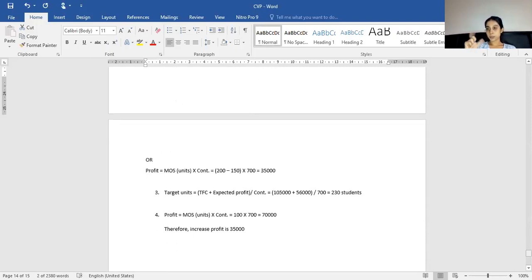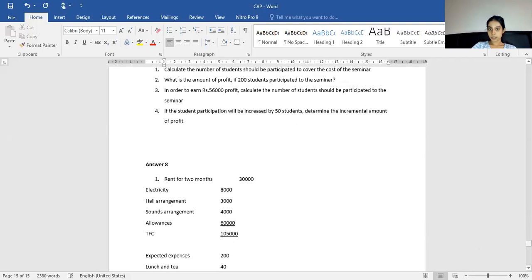So the gap between the expected number of units and the break-even number of units is the MOS units, 100 participants. MOS units are 100 participants, into contribution per unit, 700. Profit will be 70,000. So that is the profit from 250 participants.